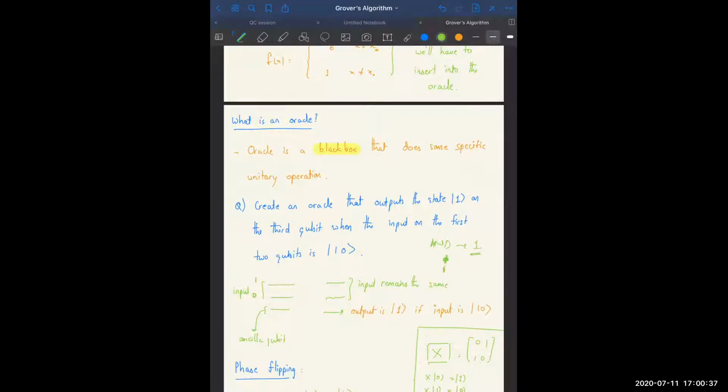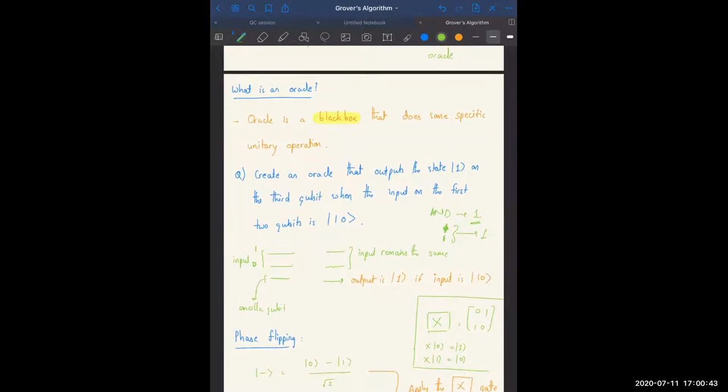So whenever we put 2 qubits as 1, it gives a 1, and it doesn't give a 1 for any other case. And let's utilize that idea. So let's say that we want a 1 only for the state 1, 0. So now let's convert this state 1, 0 to a state 1, 1. If you put an X gate over there, then we know that the state 1, 0 becomes 1, 1. And now you put an AND.